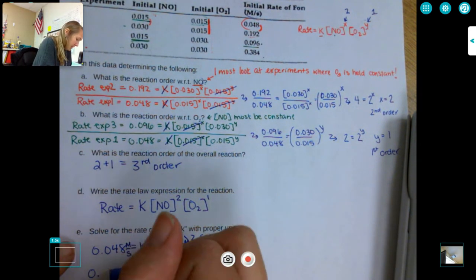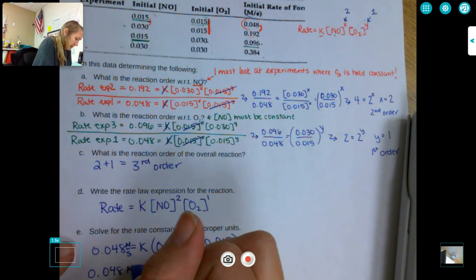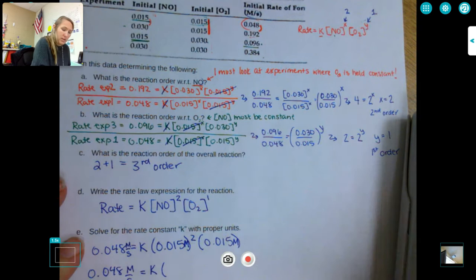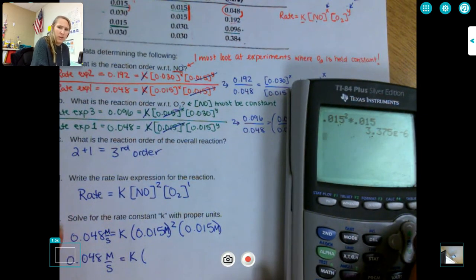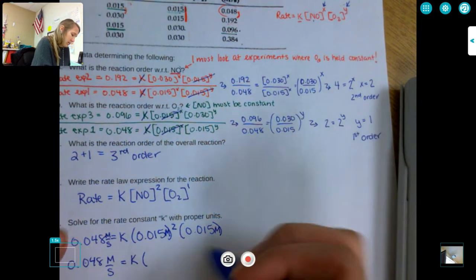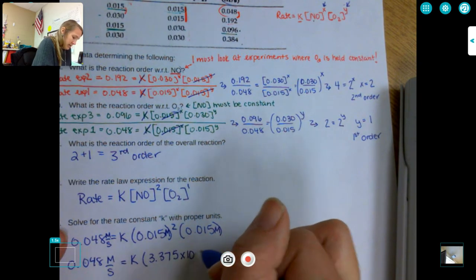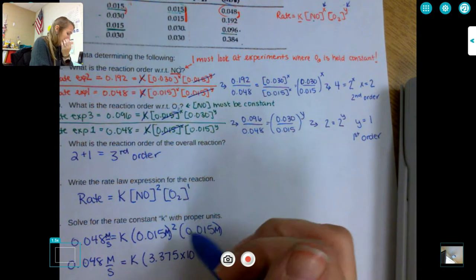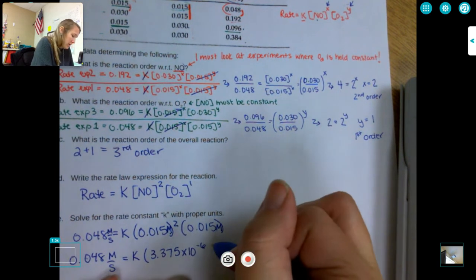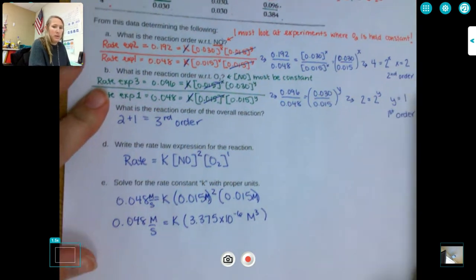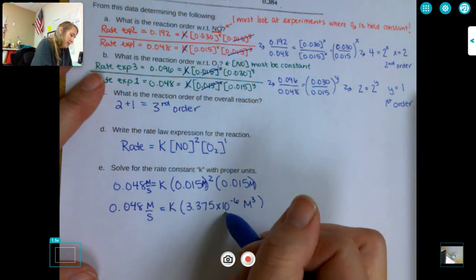All right, so I have 0.048 molarity per second equals K times 3.375 times 10 to the negative 6. And we have molarity squared times molarity, which is molarity cubed. Okay. Now I divide both sides by that.